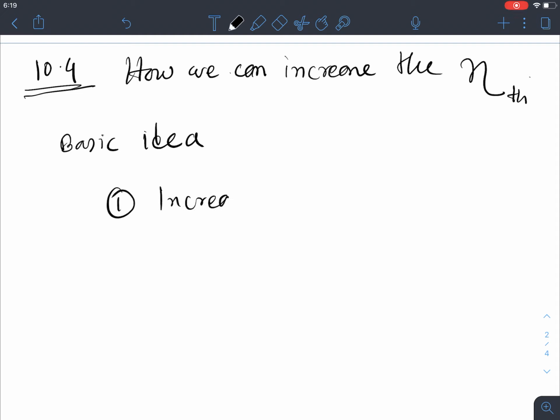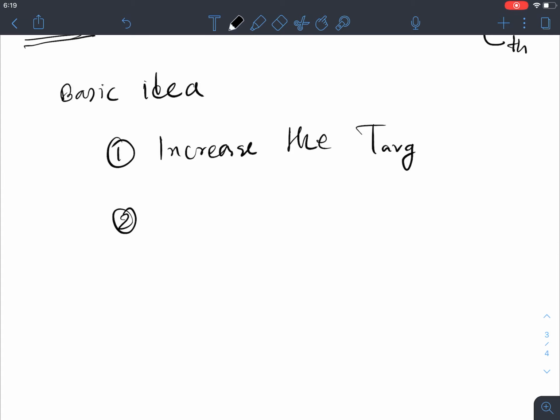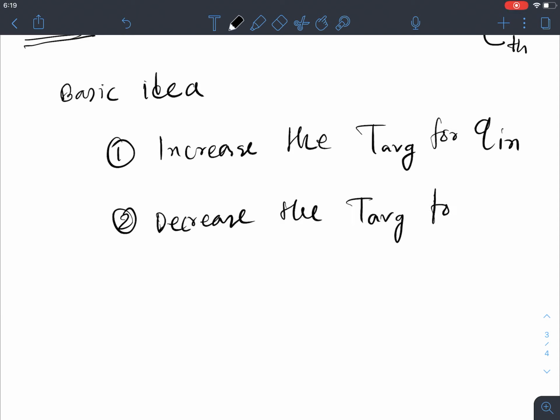Number one is to increase the average temperature of the cycle, and it will increase the efficiency. And number two is decreasing the average temperature at which heat is rejected. Increase the T average for Q in, the heat input, and decrease the T average for Q out.